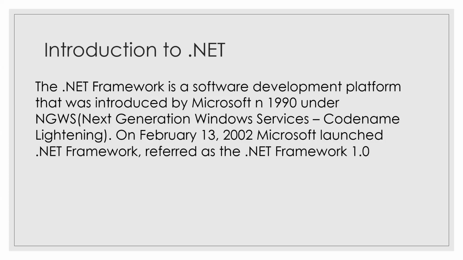So this is what a .NET framework is. It's nothing but an umbrella of a framework which supports different languages and provides a common interface for execution of these languages.